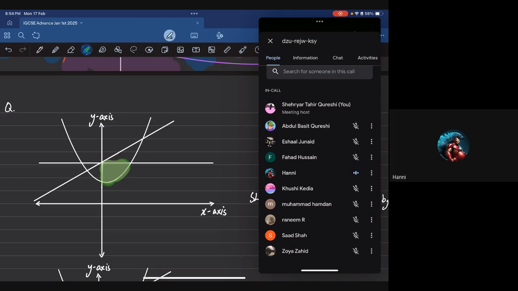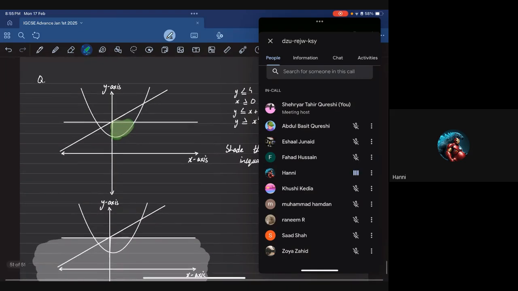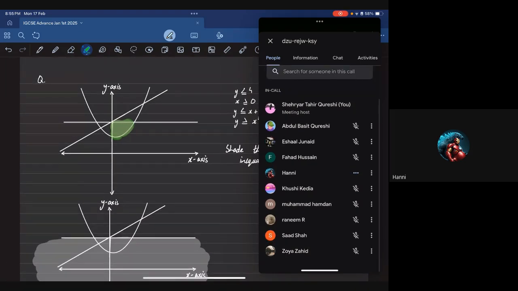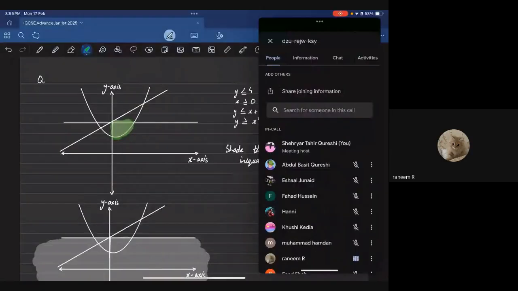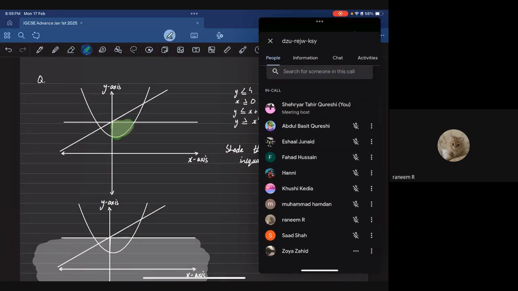Yes, Honey, what's the answer? Teacher, I'm doing it. All right, no worries. Rani, any progress? Sir, I'm still doing it. All right. Zoya, what about you? Done? I'm doing it, sir. Guys, why are you taking so long? Is Google not helping?